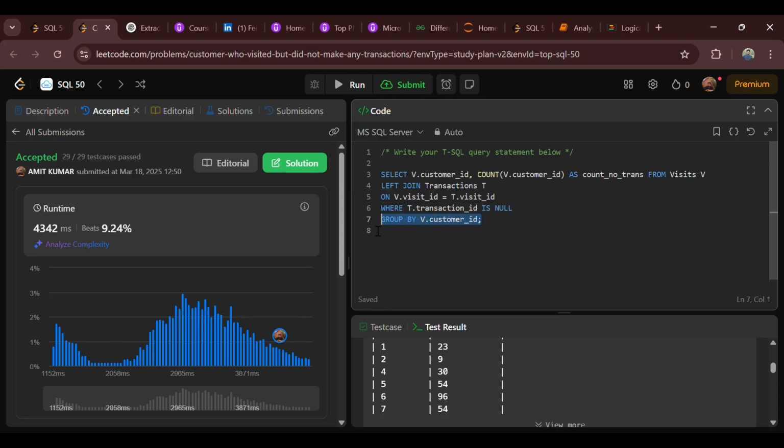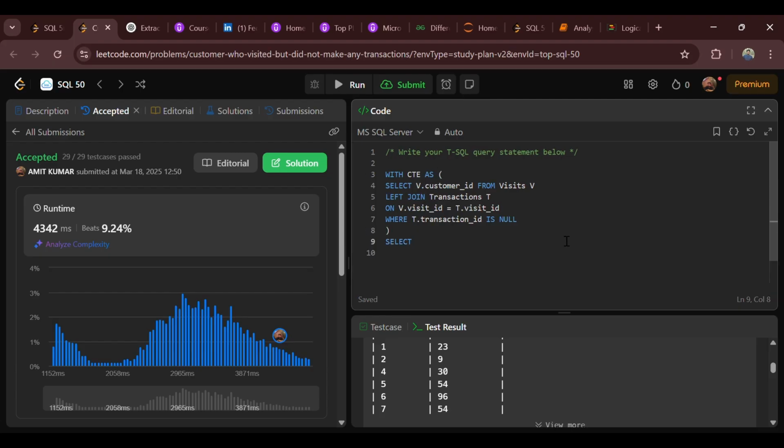What you have to do is just remove this group by from here and remove this count from here, and simply use a CTE, like WITH CTE AS.